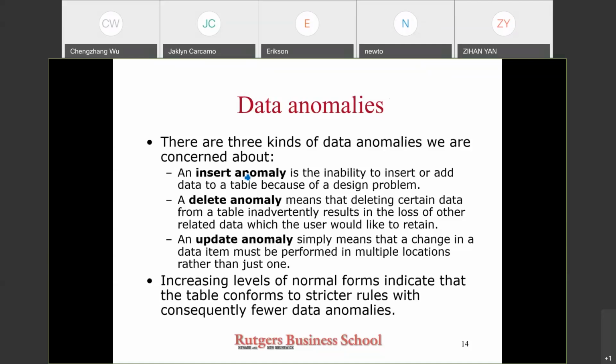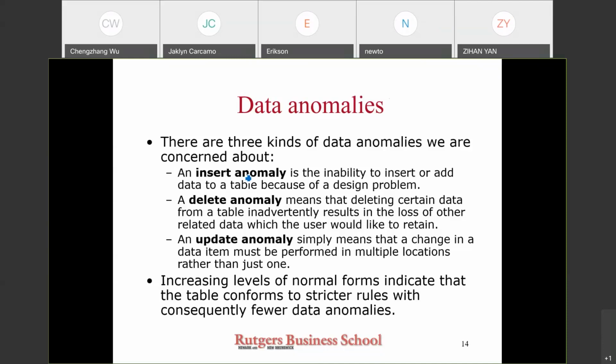And finally, an update anomaly means a change in a data item must be performed in multiple locations rather than just one. Well, the system designers and users obviously like to minimize the number of data anomalies in the relational database.